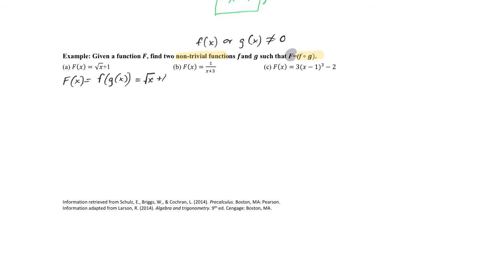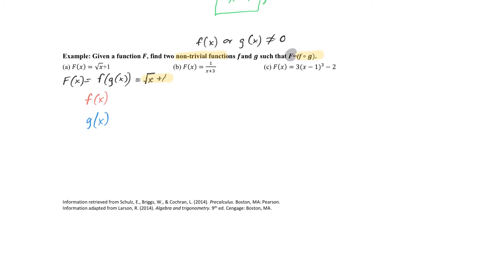So I want to find a function f of x and a function g of x so that when I do this composition, I get the square root of x plus 1.